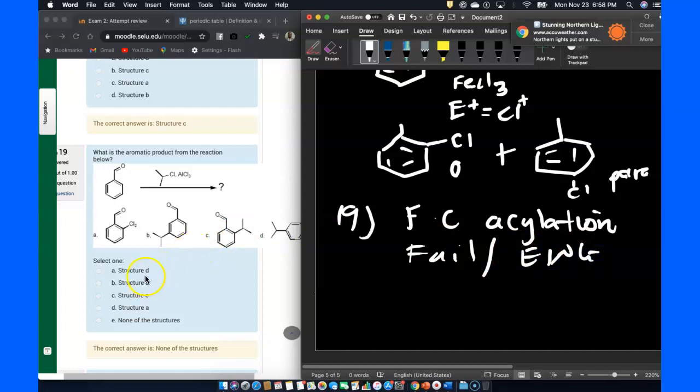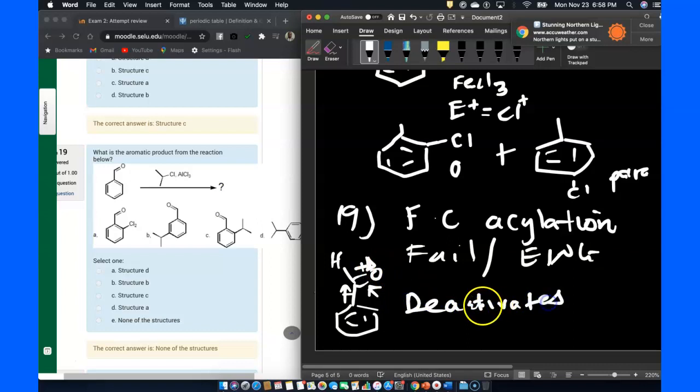So in this case, none of the structures will be made because this reaction will fail, because aldehydes, like ketones, each time you have a carbonyl structure, whether it's an aldehyde, a ketone, an ester, an amide, the carbonyl structure withdraws electrons from the ring. See, the dipole moments are showing you withdrawing electrons. So electron withdrawal deactivates the ring, and specifically the Friedel-Crafts reaction will fail. So the answer is none of the structures.